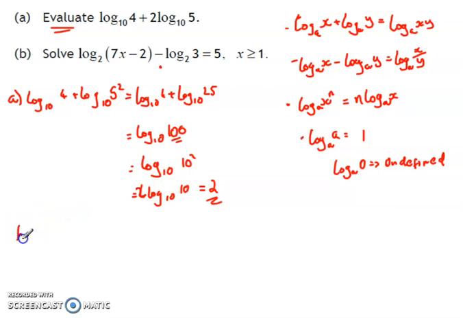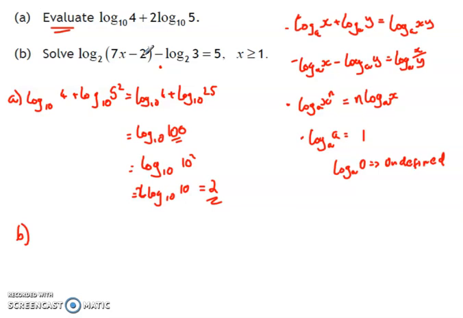Now the second one is I want to solve this equation here. You'll have two sides to it, and you'll tend to have one side which will have logarithms all to the same base, and another side which either has logarithms or just a numerical value. What we want to do is get all the logs to the same base on one side, get them combined, and then get rid of that log. It's a similar idea to solving a general equation.